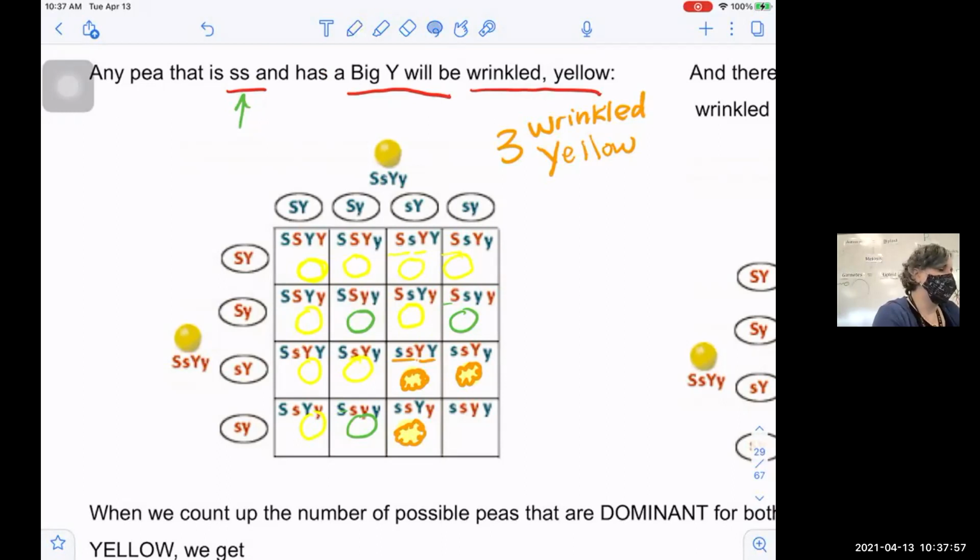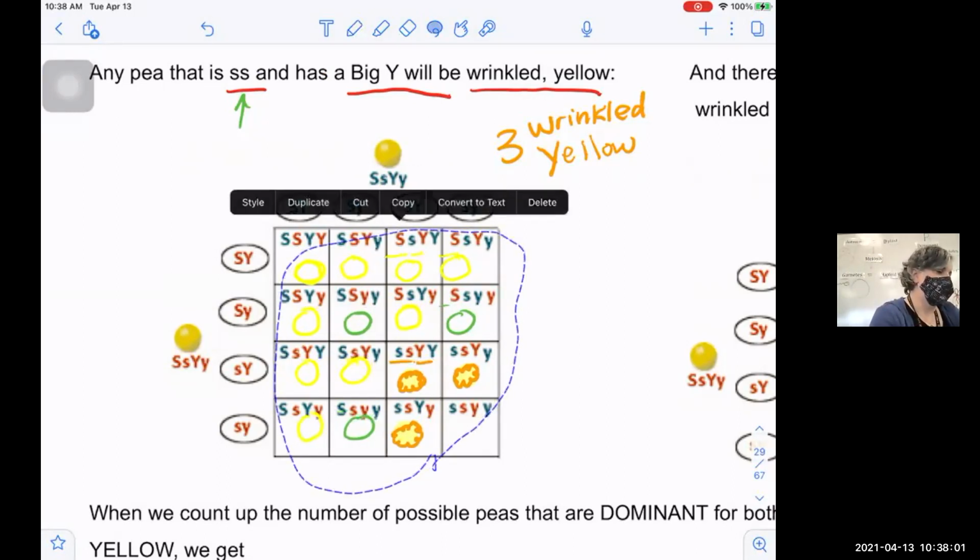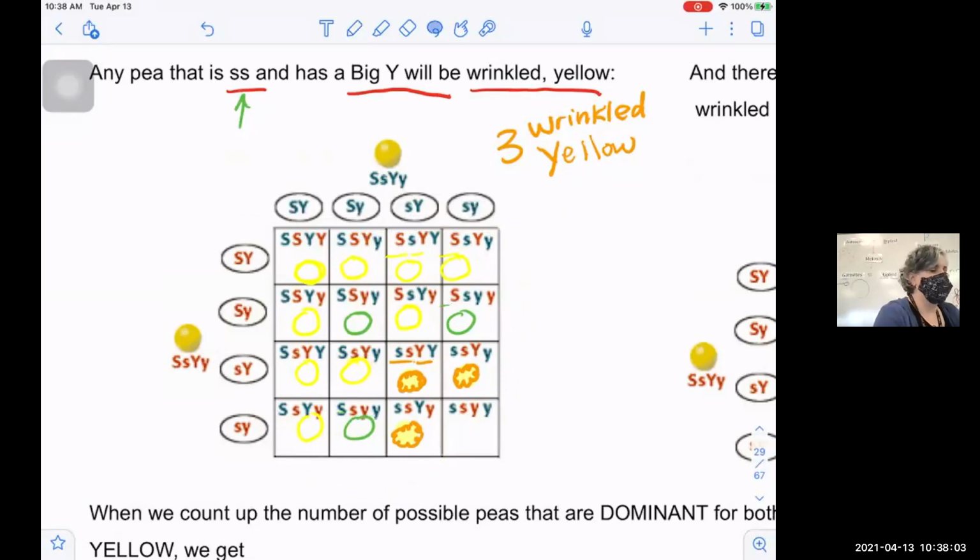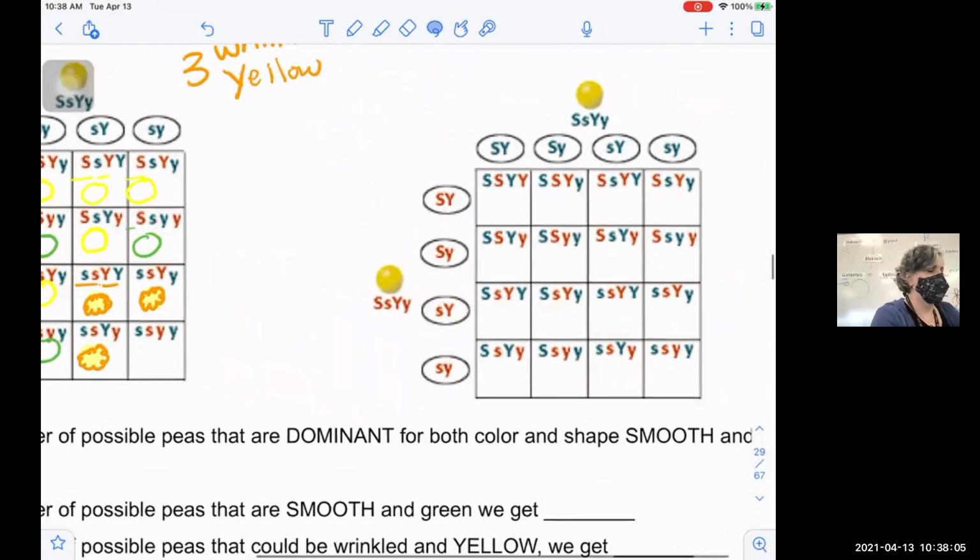All right, let's lasso one more time. Copy, and let's paste these over here on this last one. You shouldn't have to resize because it's the same size Punnett square.